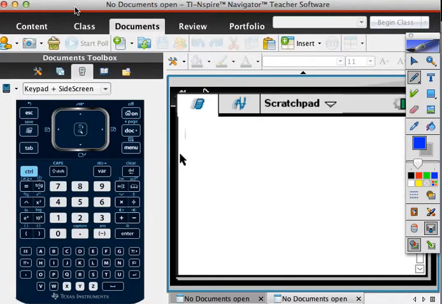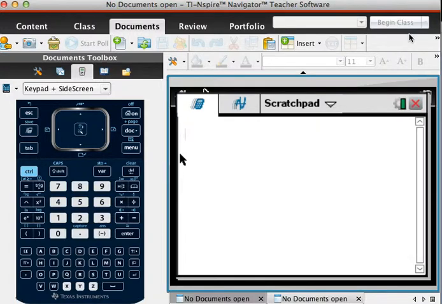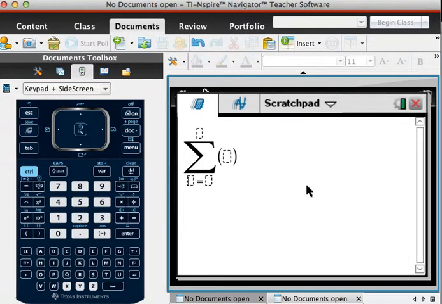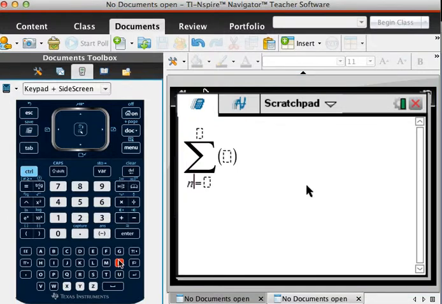Here's your calculator. Remember your sigma notation. To get that, you click on this button with all the little weird boxes on it, and it will be this sigma notation thing here. Remember you need to put the variable that we were using, n, in this box.